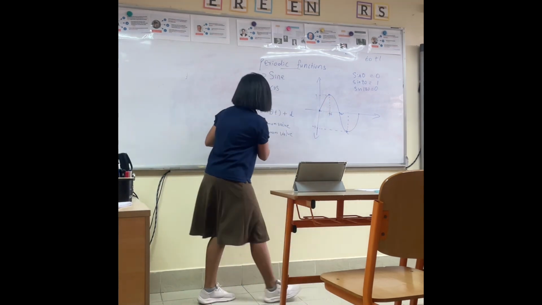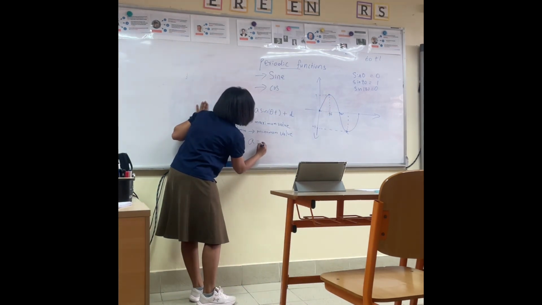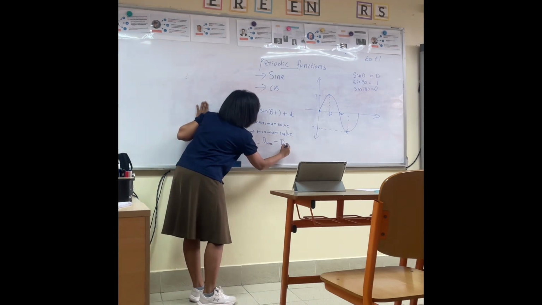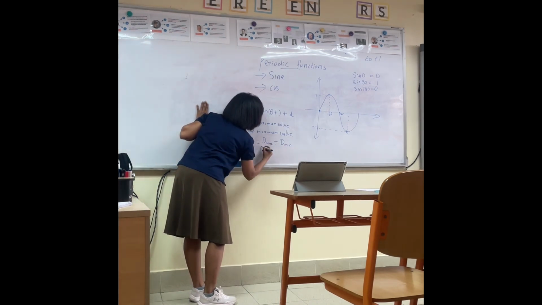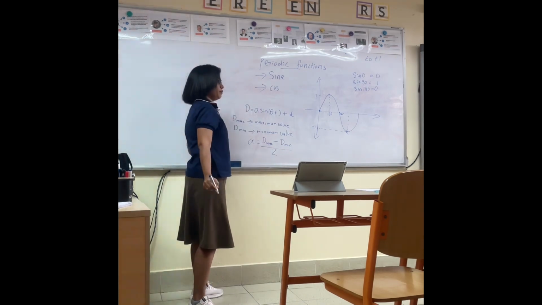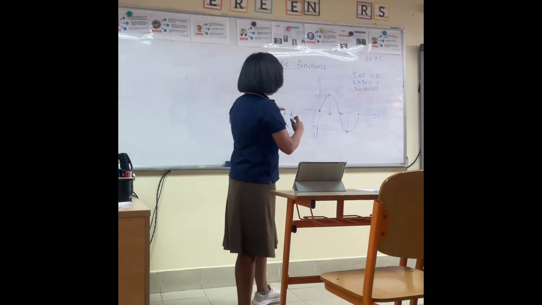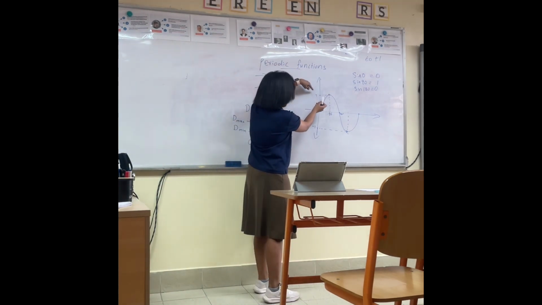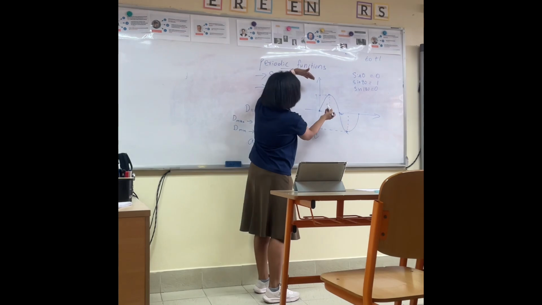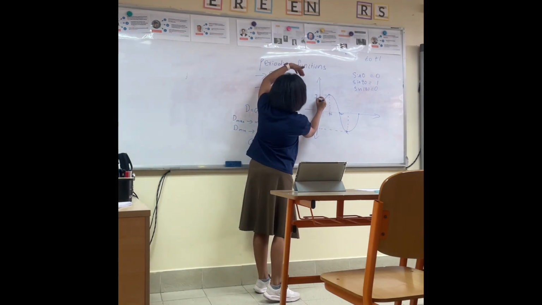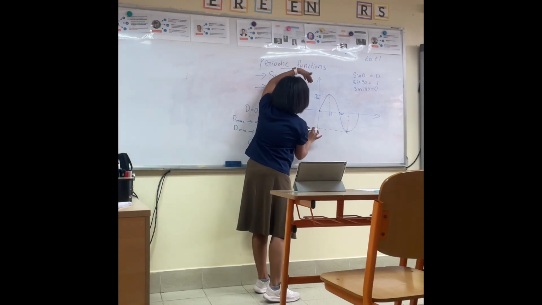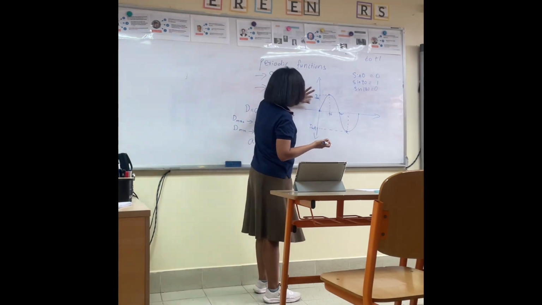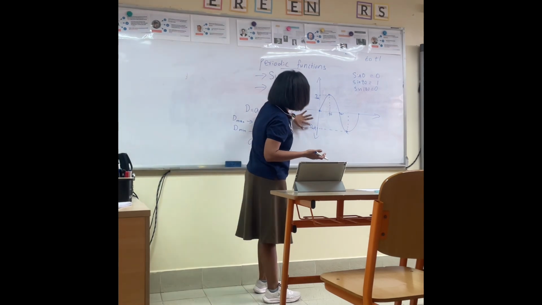So the formula for finding A is d max minus d minimum, divided by 2. You need to find the difference between the maximum and the minimum points, whatever the points are. For example, this one is my d max, this one will be my d minimum. It will vary all the time. If this one is d max and d minimum, you need to subtract the values.